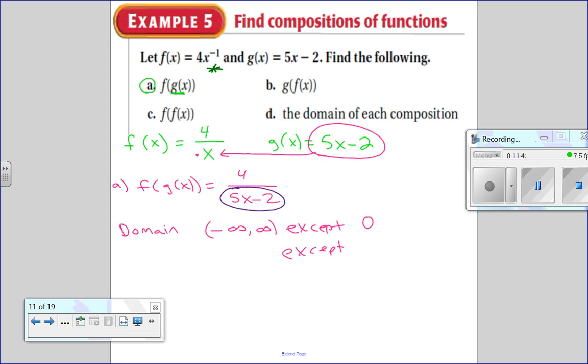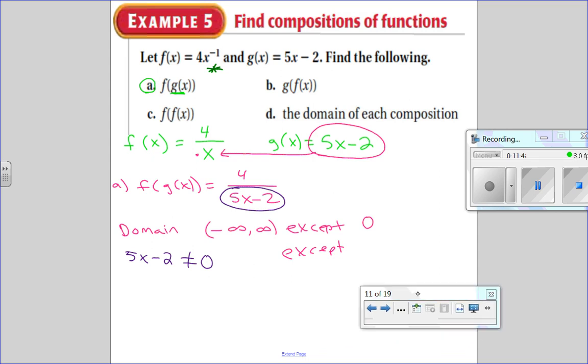That 5x minus 2 also can never be 0, in addition to x never being 0. So I'm going to solve this out, and that's going to allow me to discover that x also can't be 2/5. So we have 2 numbers we exclude from our domain, 0 and 2/5. The 0 because of the original f of x, and the 2/5 because of our composition of our function.